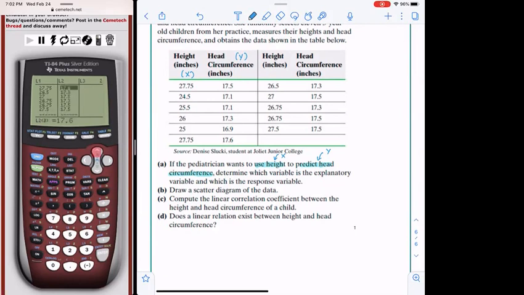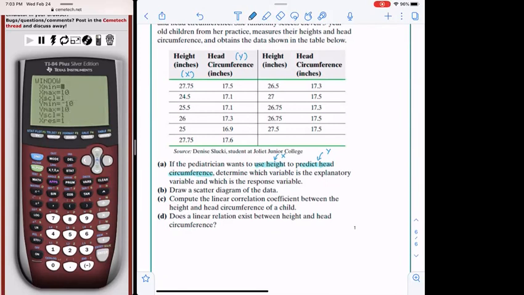So let's just double check. Okay, everything looks right. So I'm going to obtain a scatter plot. So start plot, and it is the first one. And by default, the calculator chooses list 1 to be the X values and list 2 to be the Y values.